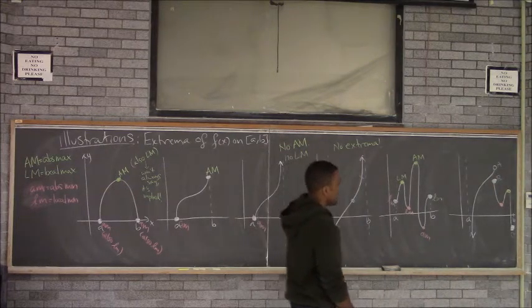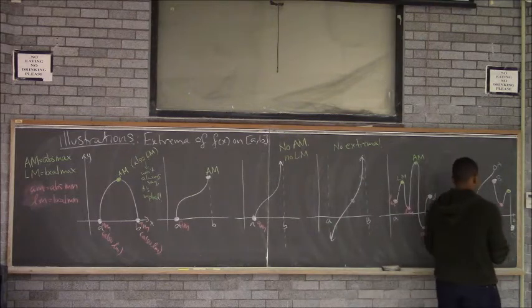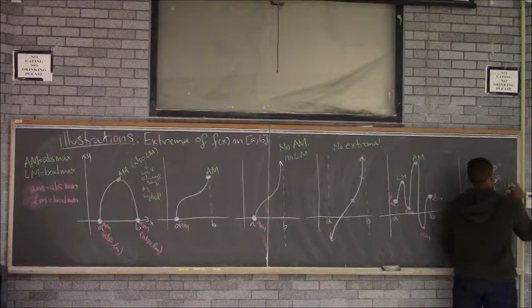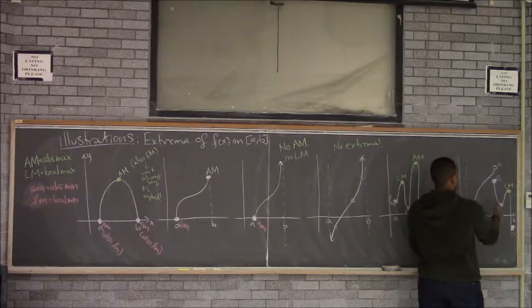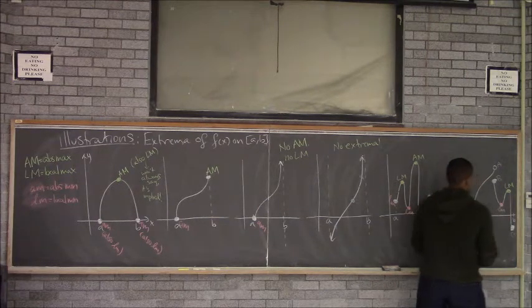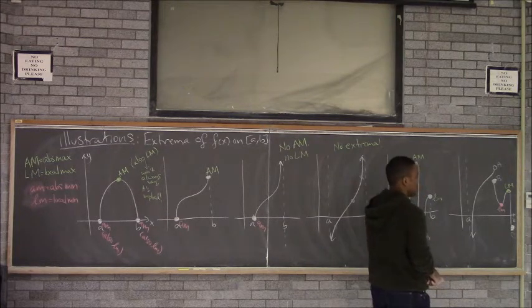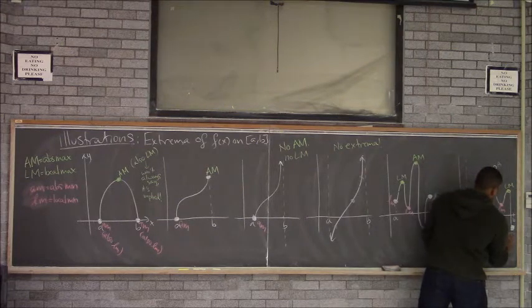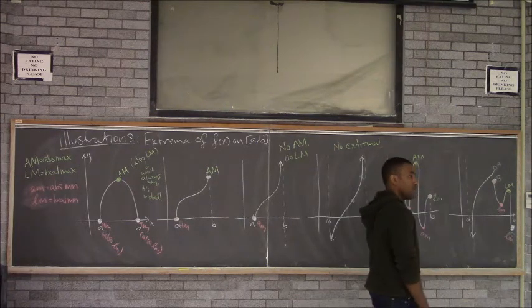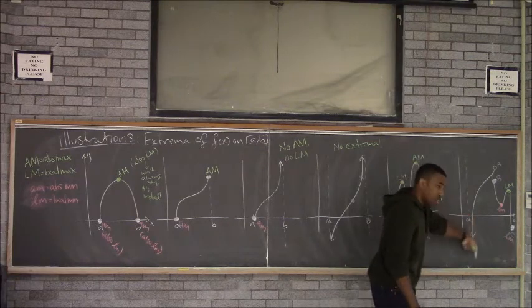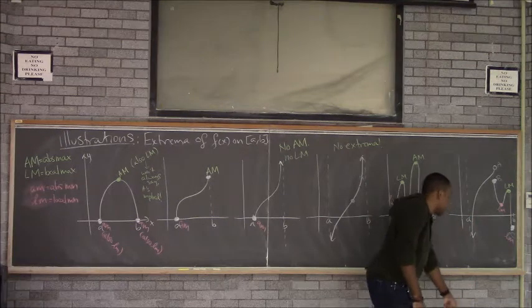The green dot. Local maximum. Pink. So local minimum. C. So local minimum. Why not absolute minimum? Because this thing keeps going down. There will be negative y values.